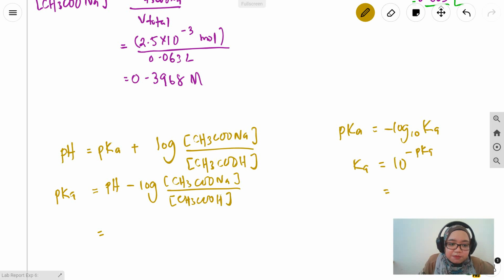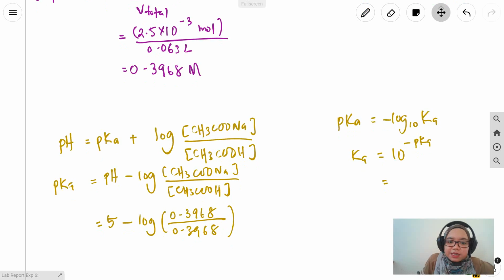So what was the pH just now? It was 5 in our result, minus the log. The concentration just now was 0.3968 divided by 0.3968.